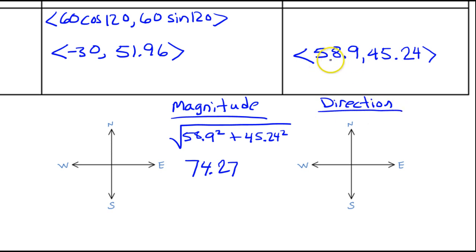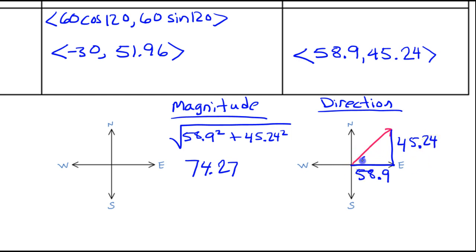Now, this is a positive horizontal component and a positive vertical component. That means we are looking at a vector in the first quadrant because it's going east and north. So as we break it down into the horizontal and the vertical components, remember that the 58.9 will go here, all right, because it was the horizontal component, and the 45.24 will go here.